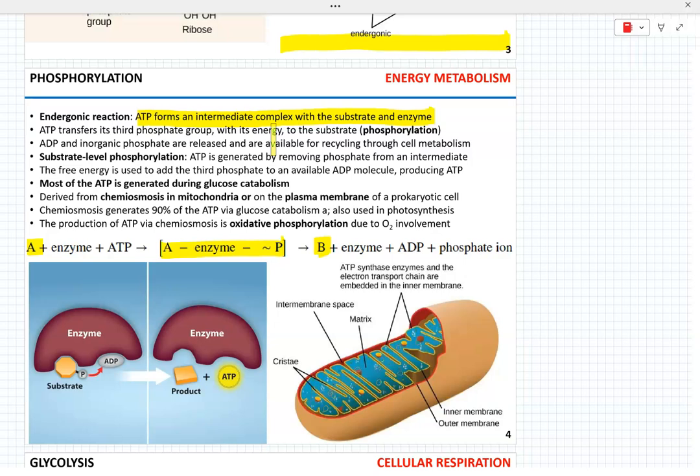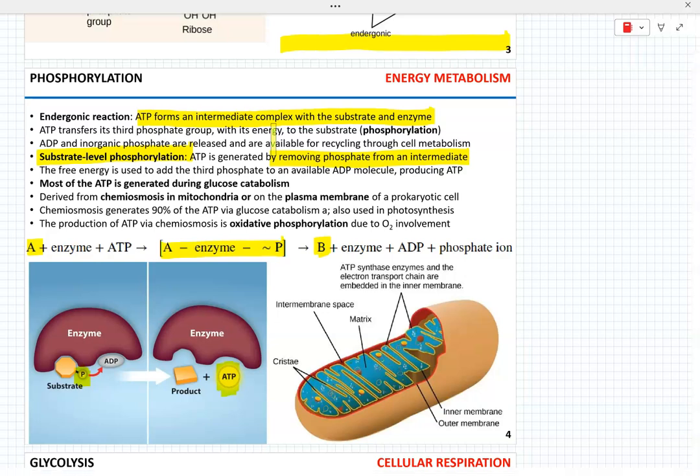One of the pathways for the recovery of ATP molecules is so-called substrate-level phosphorylation. In substrate-level phosphorylation, a substrate carries a phosphate group that is carried to ATP by removing that phosphate from an intermediate via the action of the enzyme.